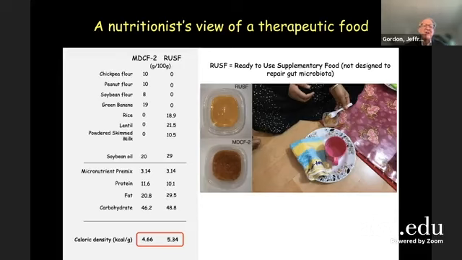Lipids were represented as soybean oils, and there were vitamins and minerals in the form of a micronutrient premix. The standard of care, a ready-to-use supplementary food, contains none of these complementary foods, but rather rice, lentil, powdered skim milk, soybean oil again. And I want you to look at the bottom of this particular screen to see that the caloric density of MDCF2 is 15% lower than that of RUSF.